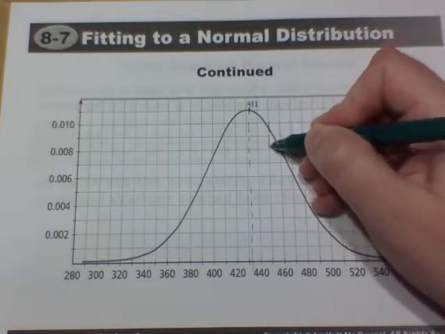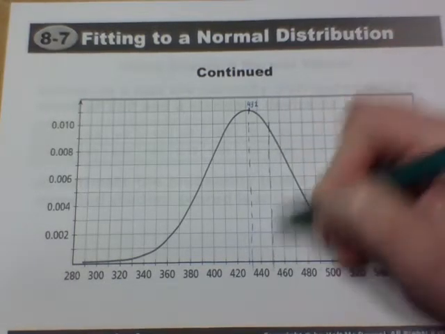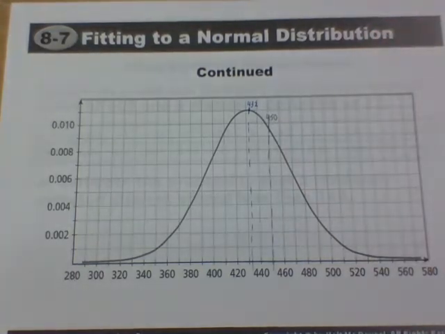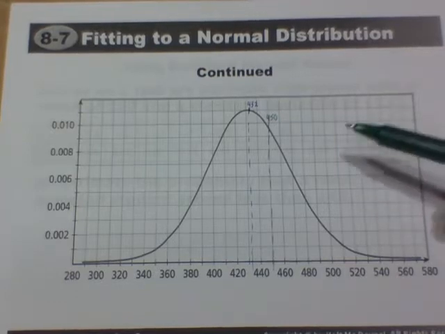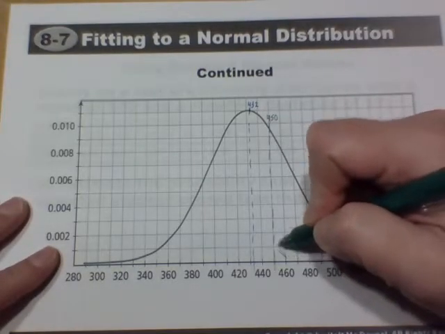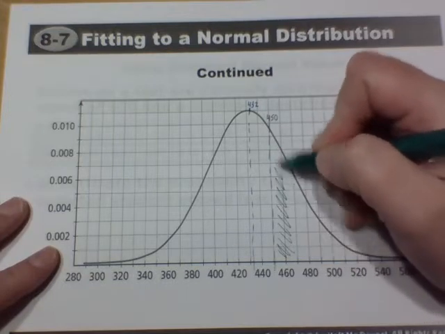Let's look, miles per gallon. So that's actually this value right here. So we are trying to find out what is the probability that Jamie will be able to drive more than 450 miles. So if we kind of look at how this is distributed, we are trying to find the probability that she's going to be able to be up in this range.